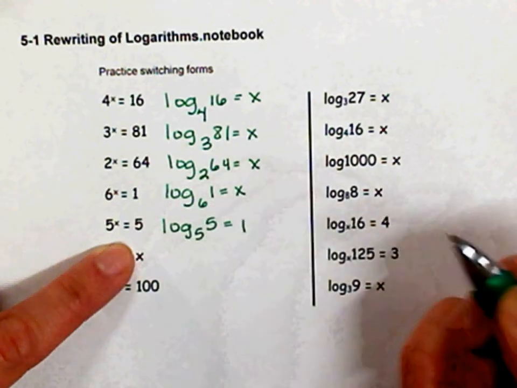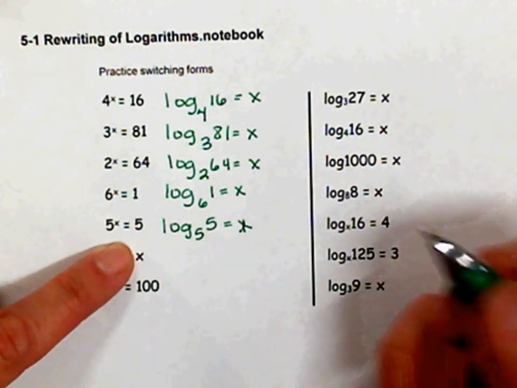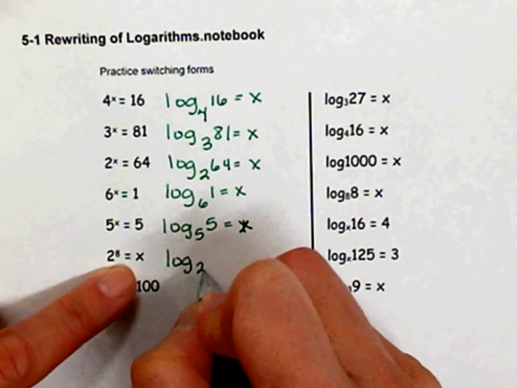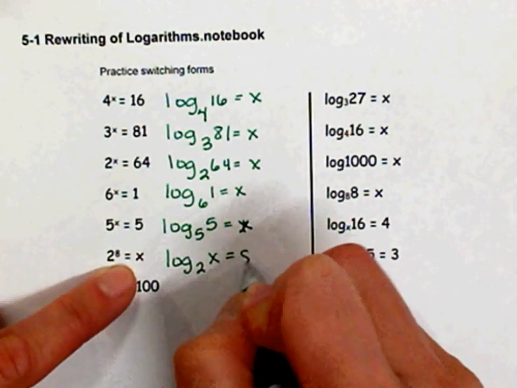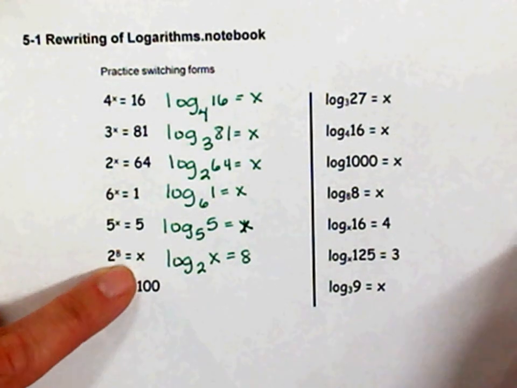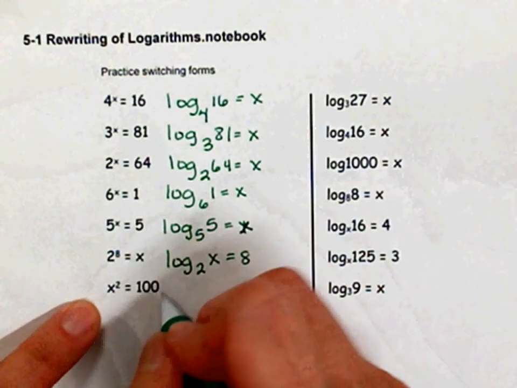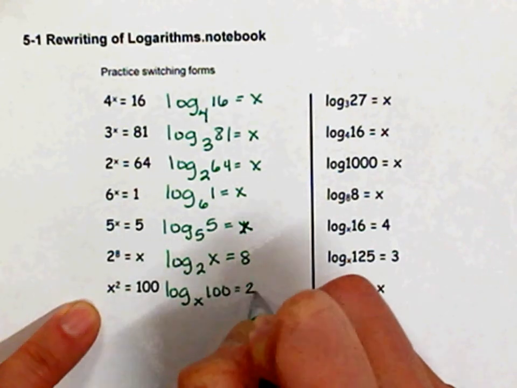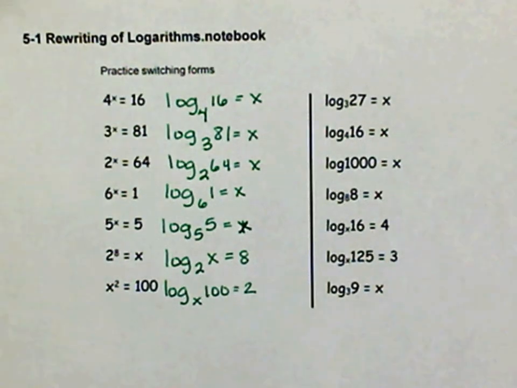Oops, sorry, x is 1. But I want you to write x. Log base 2 of x is equal to 8. Notice I switched it around because there's no log in here. Log base x of 100 is equal to 2.